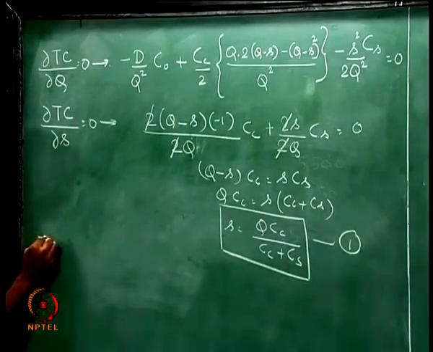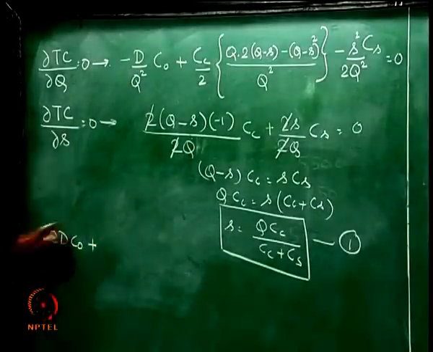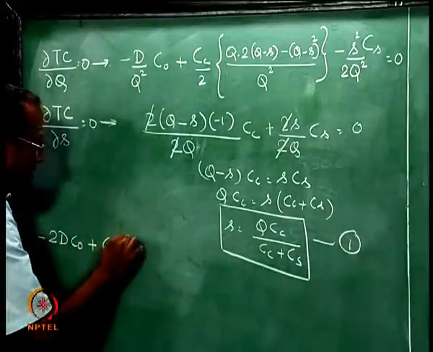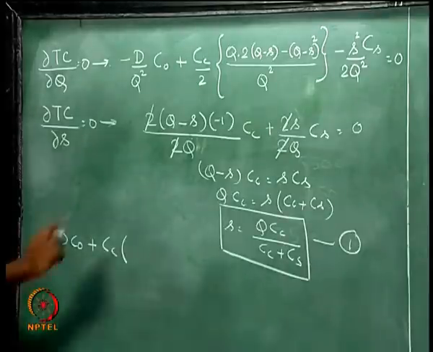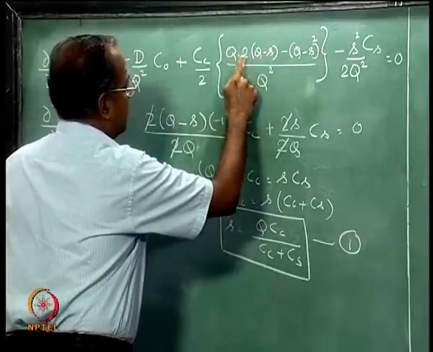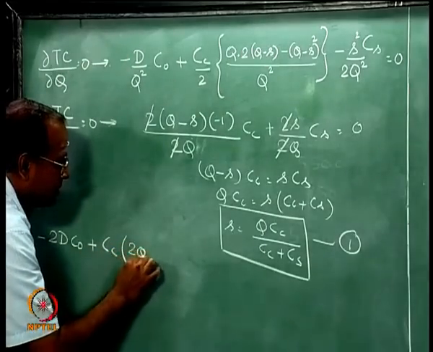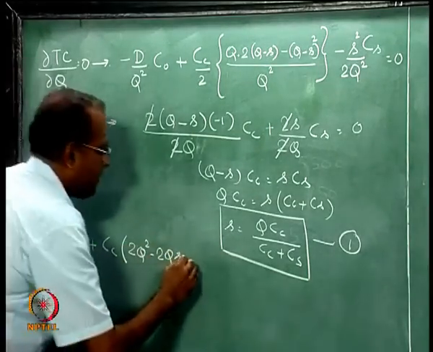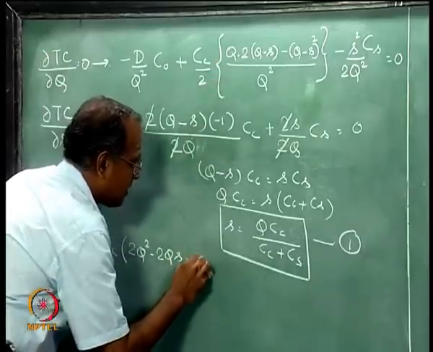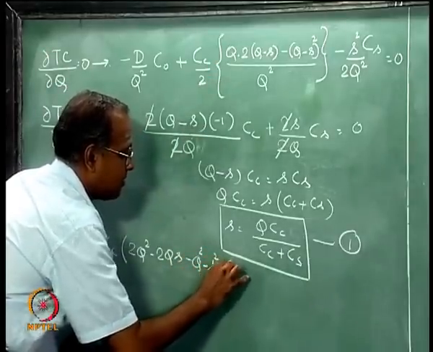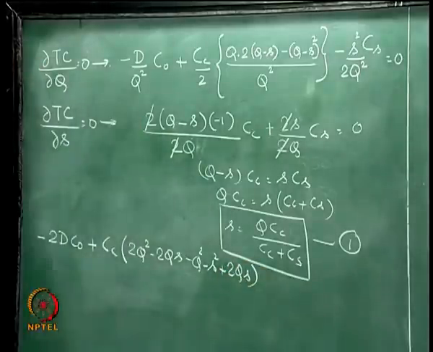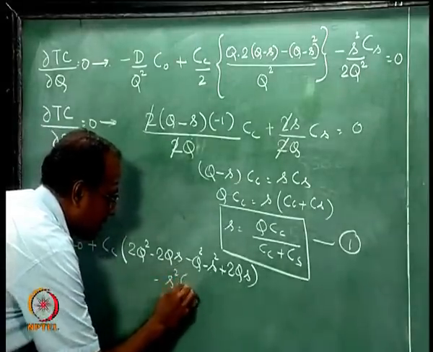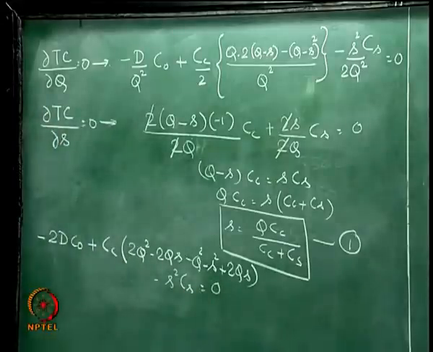So, I will have minus 2D C naught plus CC into, this is 2Q square minus 2QS, minus Q square minus S square plus 2QS minus S square CS equal to 0.